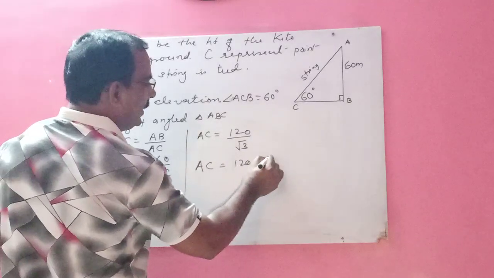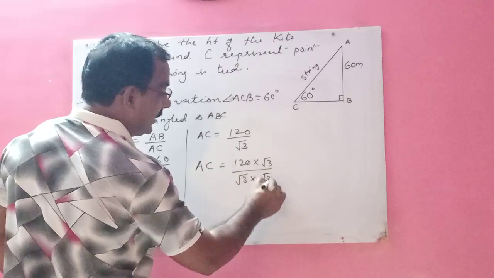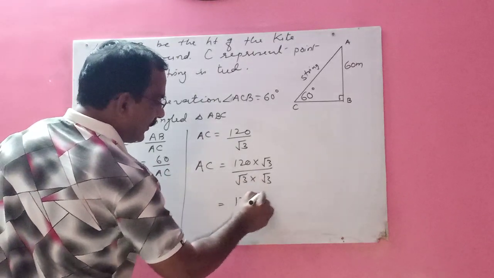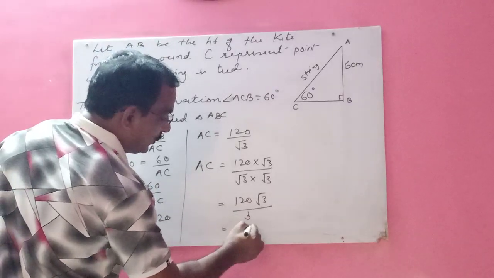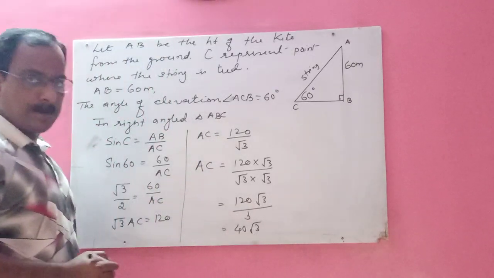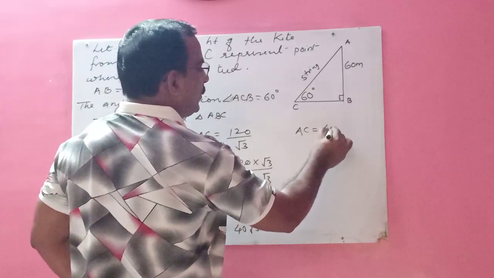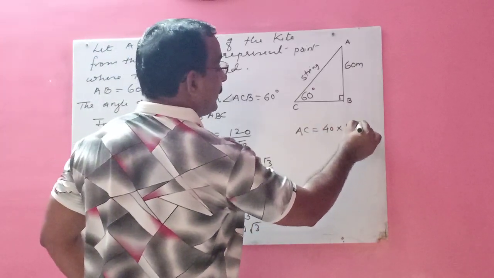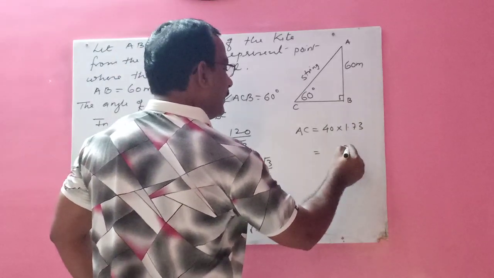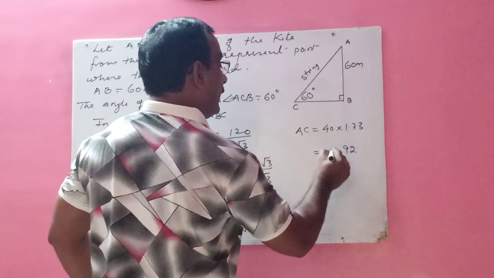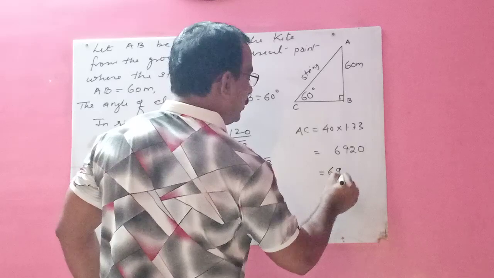So 120 into root 3, root 3 into root 3, which is 120 root 3 upon 3, which is equal to 40 root 3. Put the value of root 3 here. So AC is equal to 40 into 1.73, which is 69.20 meter.